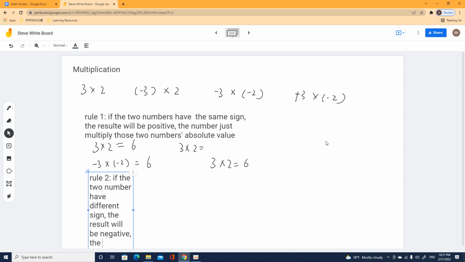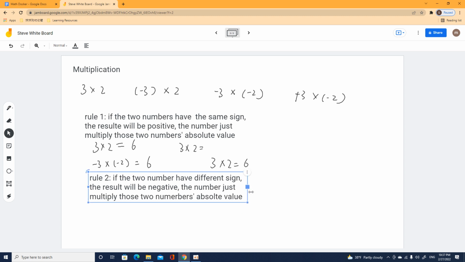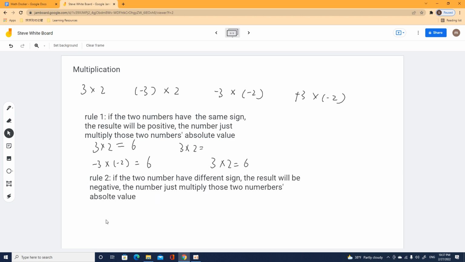The number, same as the above scenario, you just multiply those two numbers' absolute value. Now I can give you some examples.